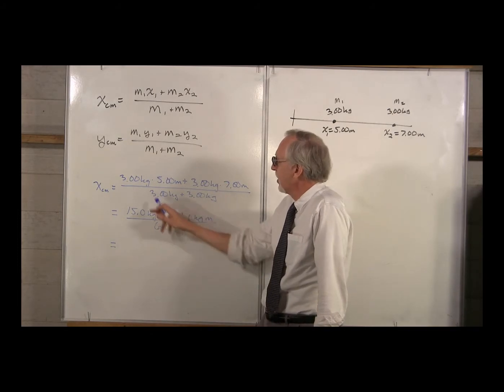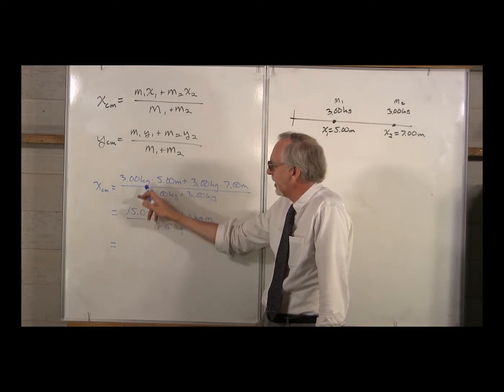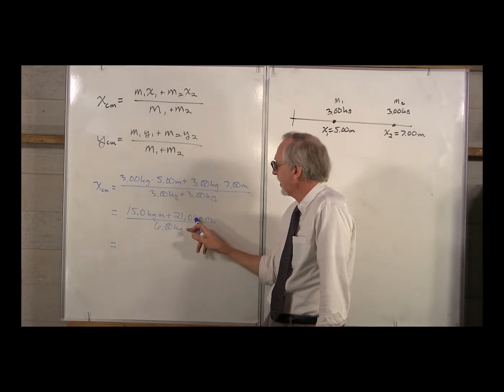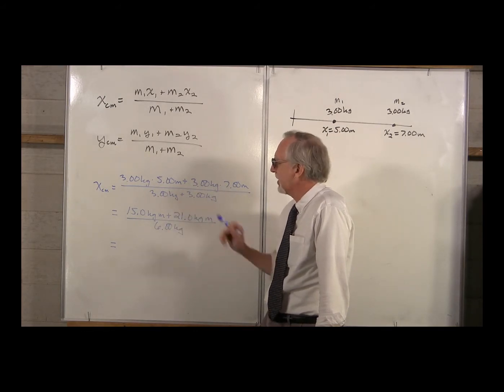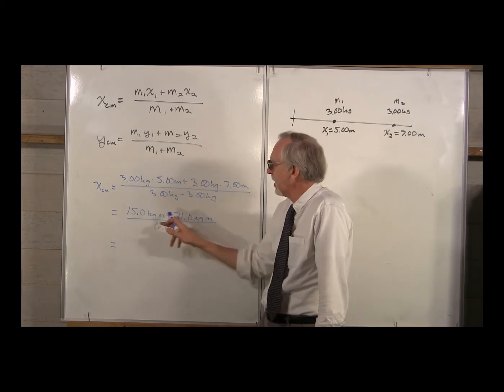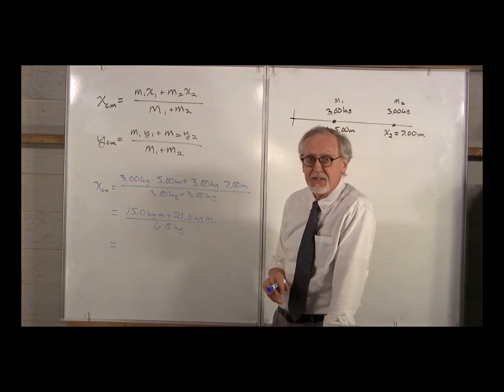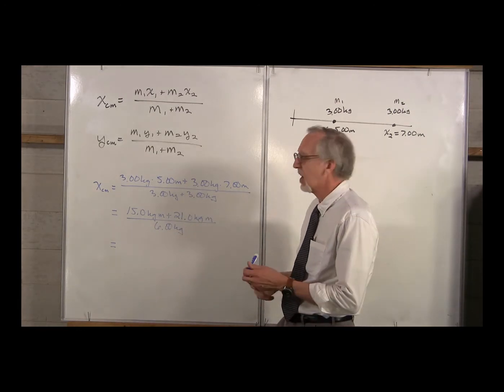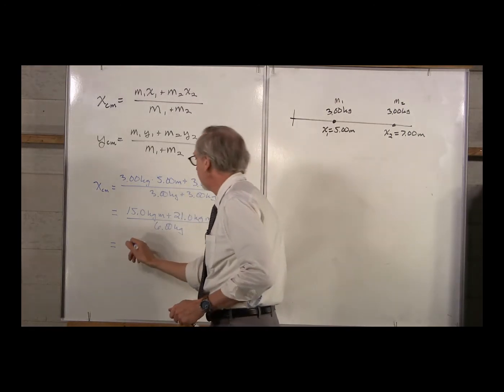We end up with 3 times 5, which is 15 kilogram meters, plus 3 times 7, which is 21 kilogram meters, divided by 6 kilograms. 15 plus 21 is 36 kilogram meters. 36 divided by 6 is 6 meters.